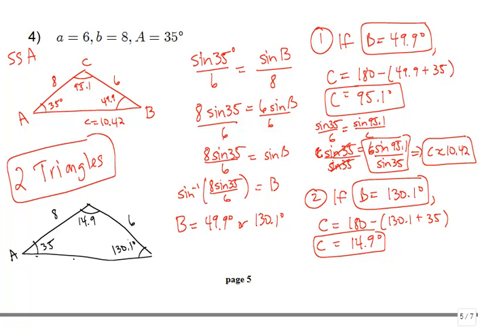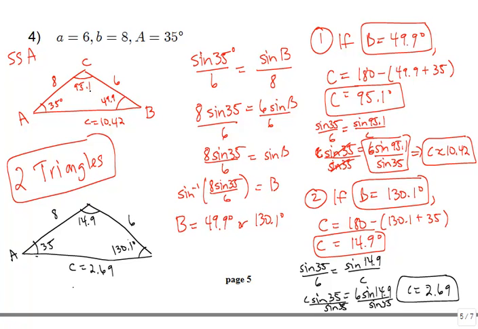So if we wanted to find side C here, then we would have to set up the proportion sine of 35 over 6 is equal to sine of this new angle C, 14.9, over C. And if I cross multiply, and divide both sides by sine of 35, you end up with C equaling 2.69.